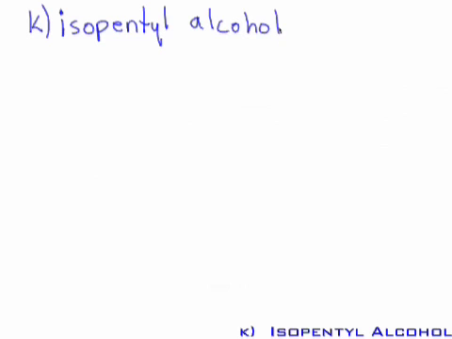K is draw isopentyl alcohol. Well, remember, isopentyl alcohol is derived from isopentane. It's called an isopentyl group because if you count all the carbons, there's 5 carbons.